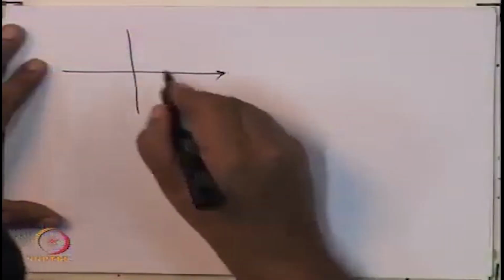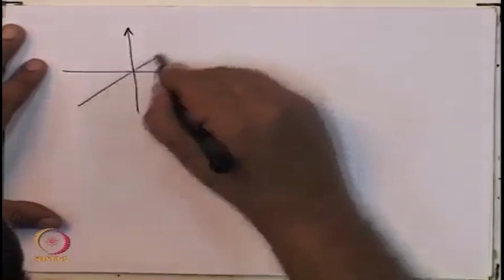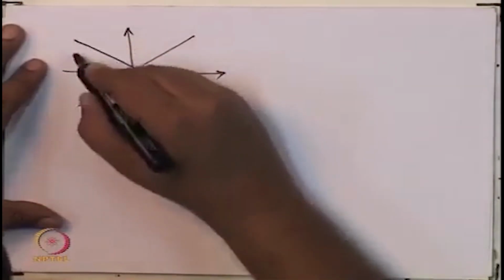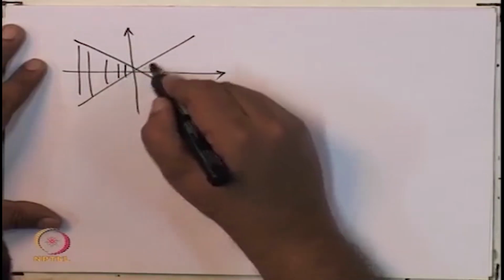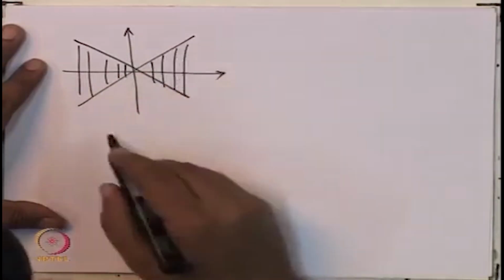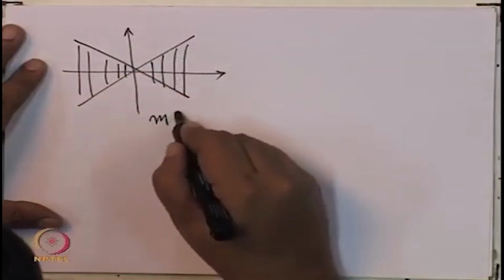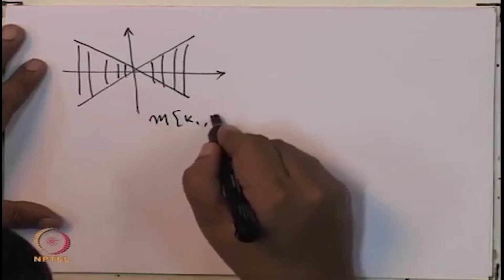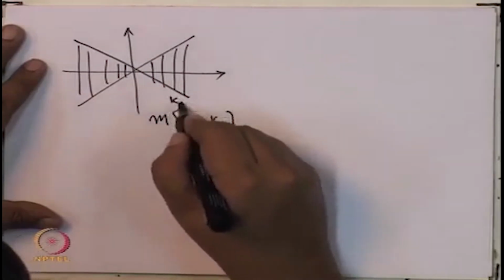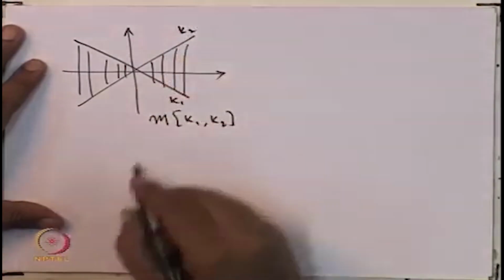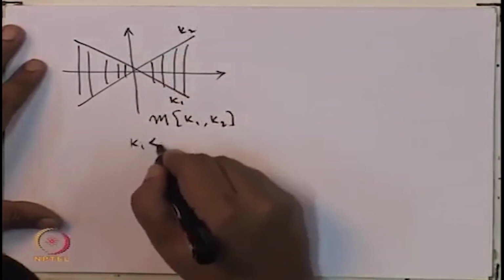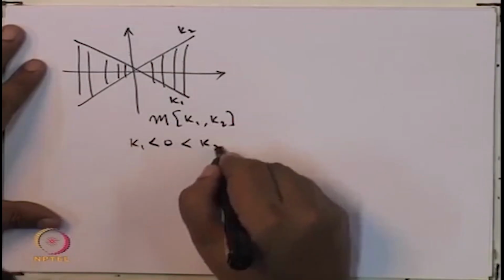Now, further, if you have a nonlinearity, so let me draw the axis, and you have a nonlinearity which lies in this area. Okay, so the nonlinearity is in the K1, K2 sector. So this is K1, this is K2, where K1 is less than 0 is less than K2.